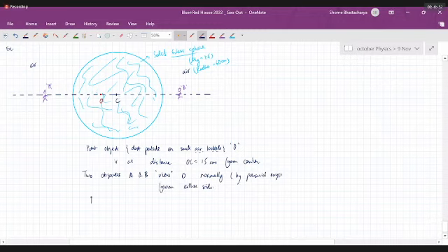Find the position of O with respect to the glass sphere surface as seen by each of them.